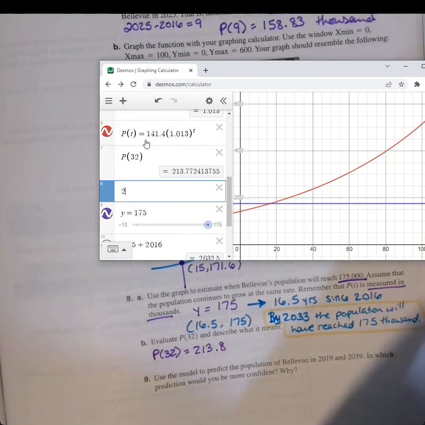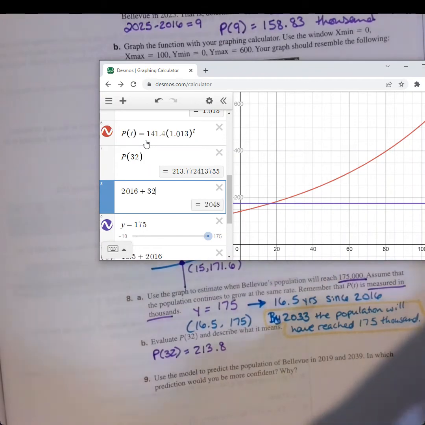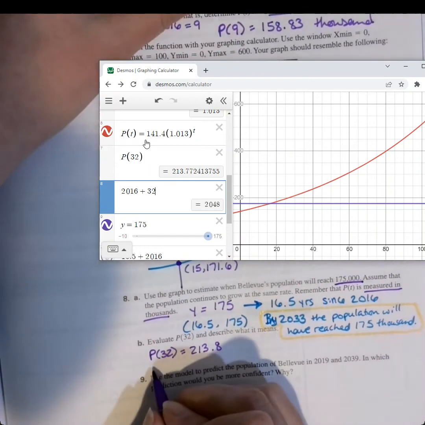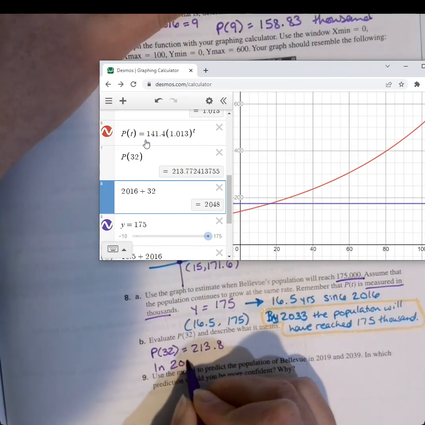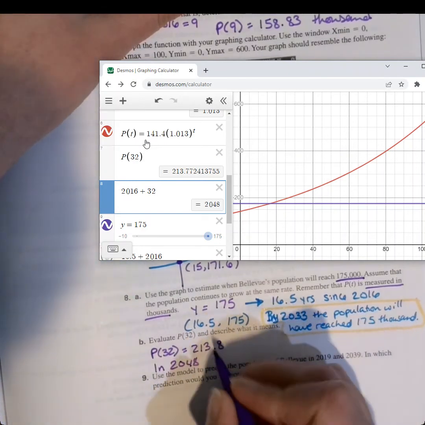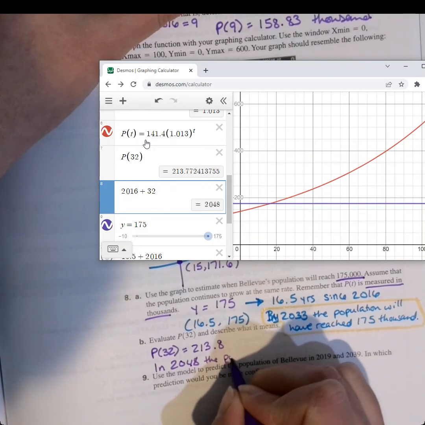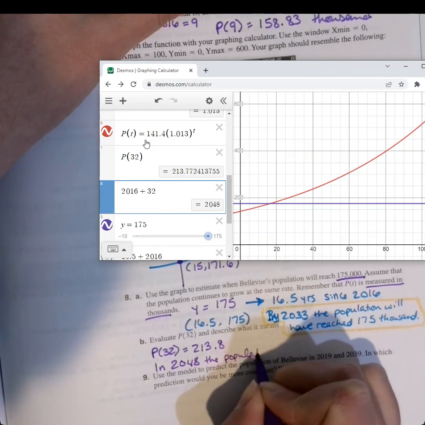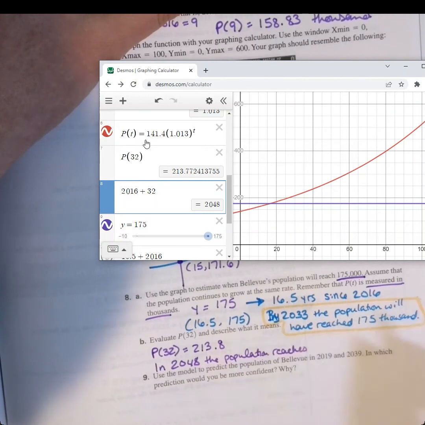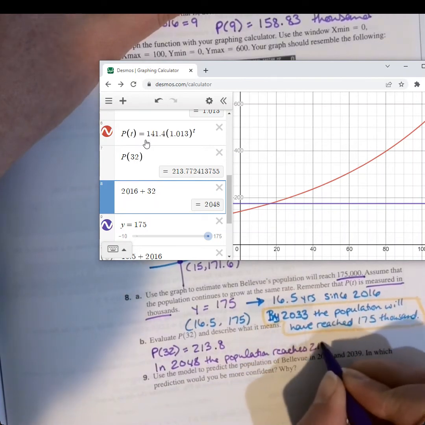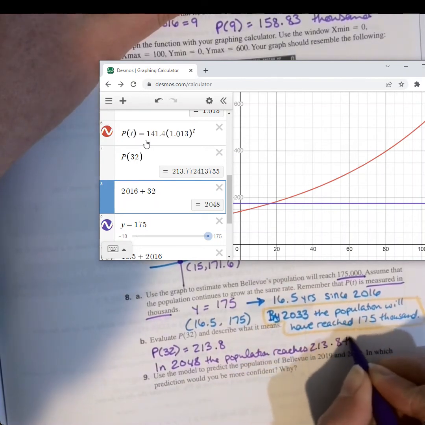So first of all, 2016 plus 32 for the input would mean that in or by 2048, the population reaches or will reach 213.8 thousand.